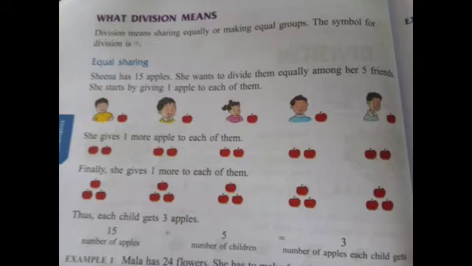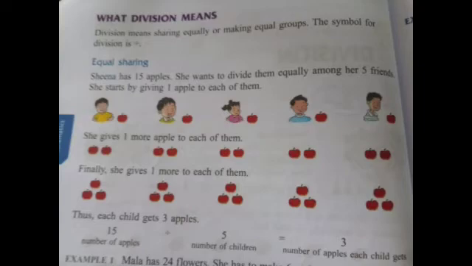Then with the remaining, give 2 apples to each one. Then the remaining, give 3 apples to each one. So finally no more apples are with you. So 15 apples are divided among 5 friends. You get 3 apples per child. This is called equal sharing.